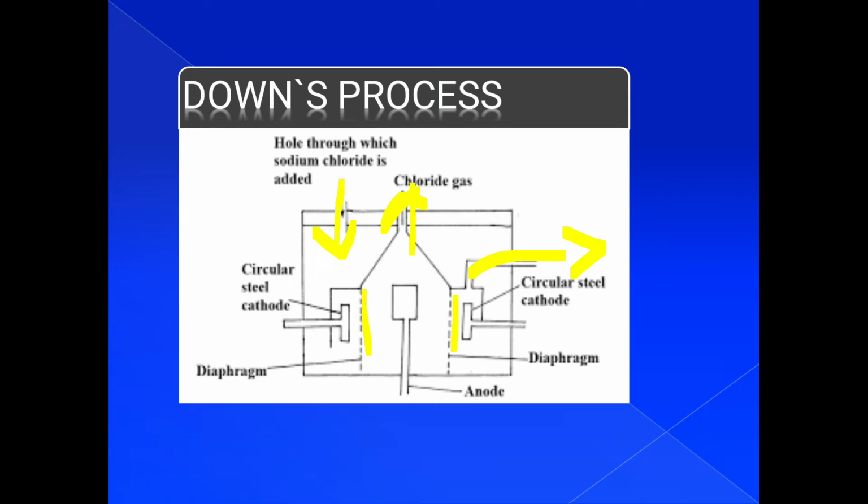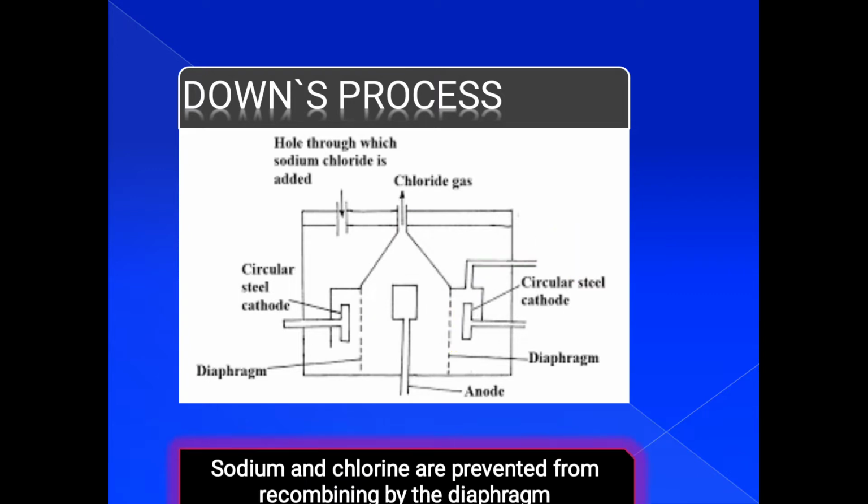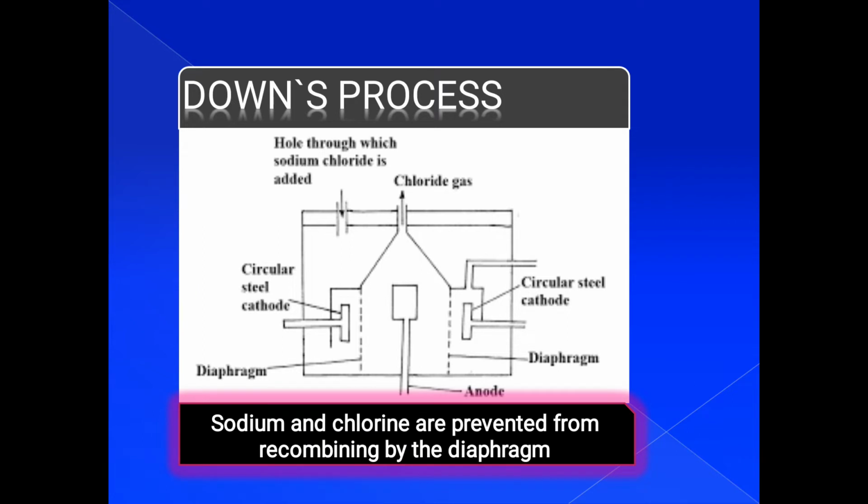One is for the chlorine gas and the second one is for sodium metal after electrolysis in the Downs process. Sodium and chlorine are prevented from recombining by the diaphragm. So the purpose of the diaphragm is to prevent chlorine and liquid sodium from recombining.